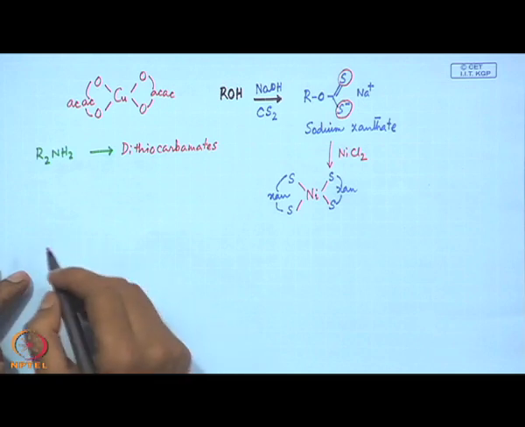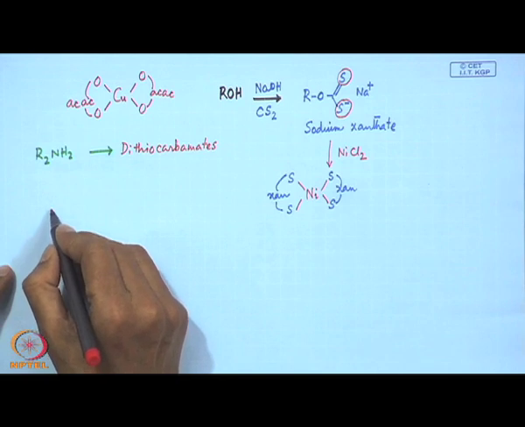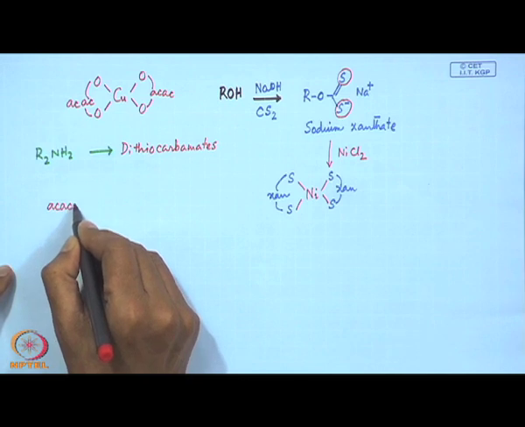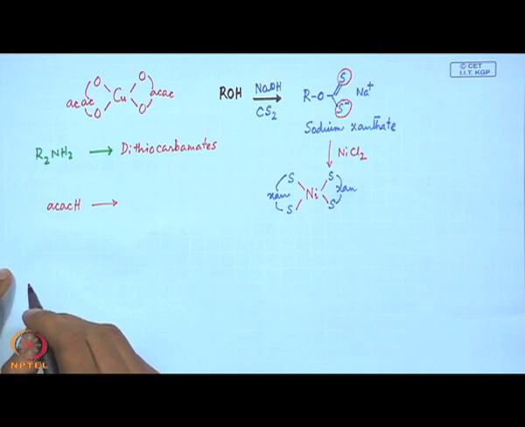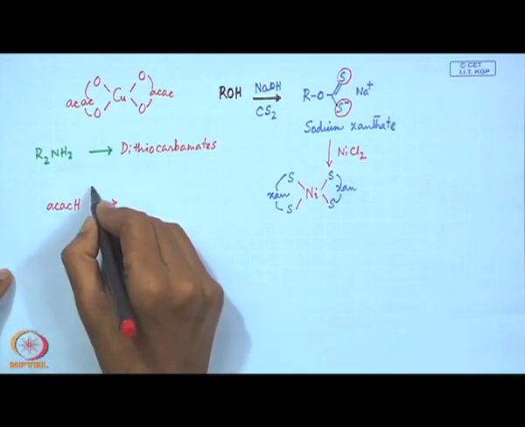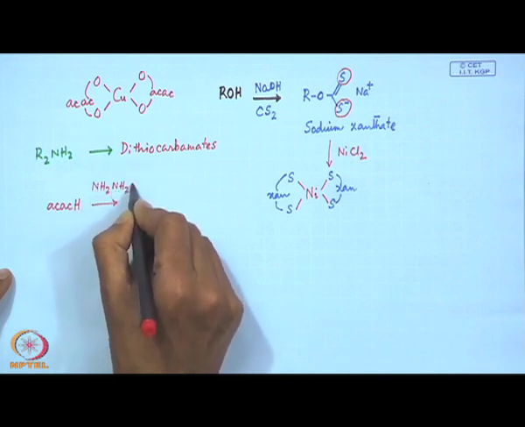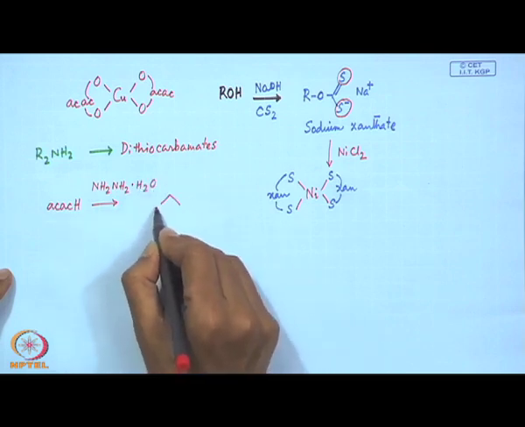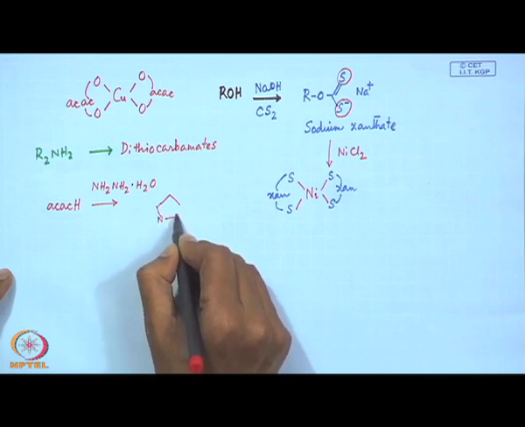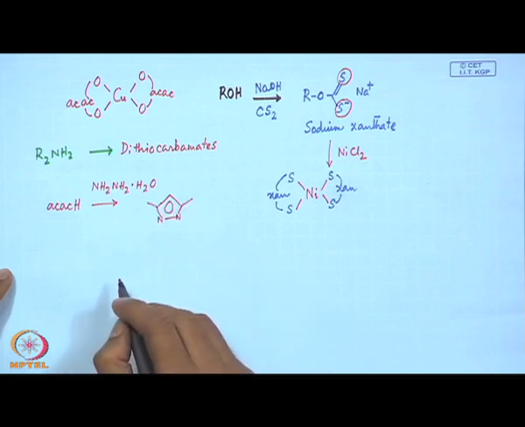Similarly, one good ligand we can derive is this: if we have acetylacetone, abbreviated as ACACH, and react it with hydrazine hydrate, we get the corresponding dimethyl pyrazole unit.